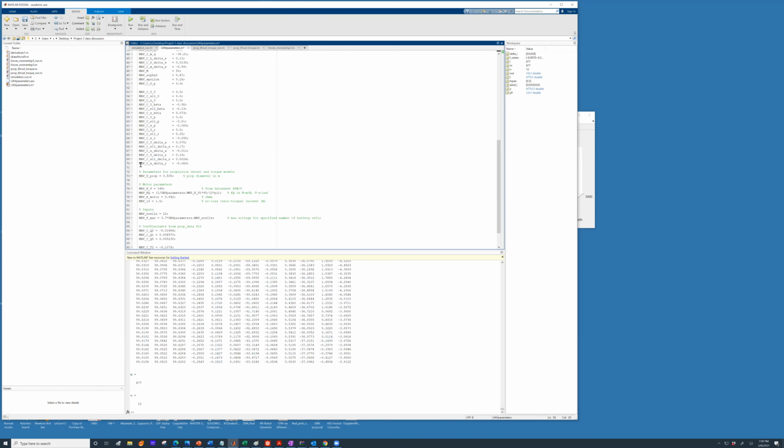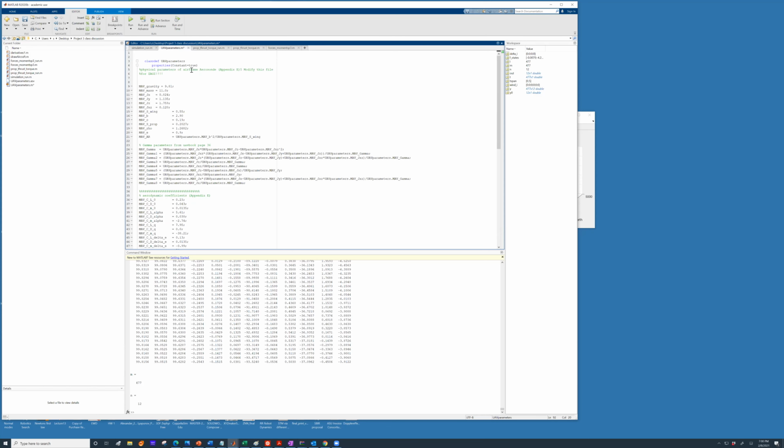Now, I want to repeat once again, this is a class. This class has different members. So you have MAV gravity, MAV mass, MAV JX. How do I access a particular property? Check this out. The name of the class is UAV parameters and the name of the property is MAV gravity.